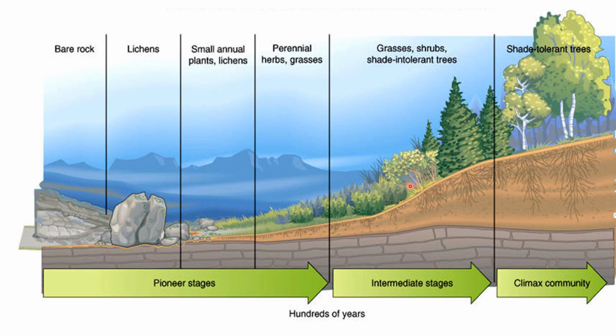And the fifth block tells us about huge grasses and shrubs. You can see more shrubs and shade intolerant trees. So these trees cannot stand for a long time.